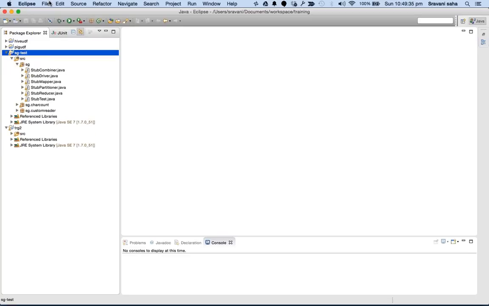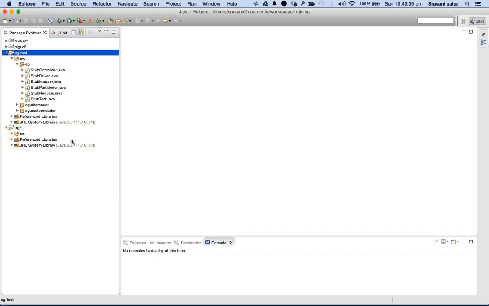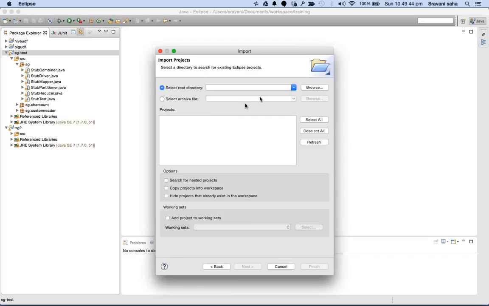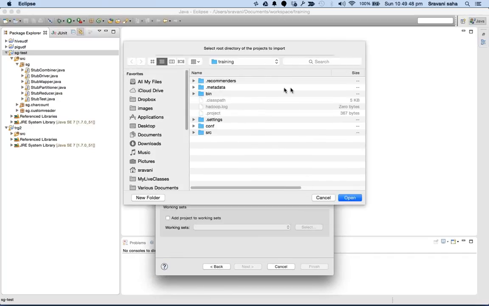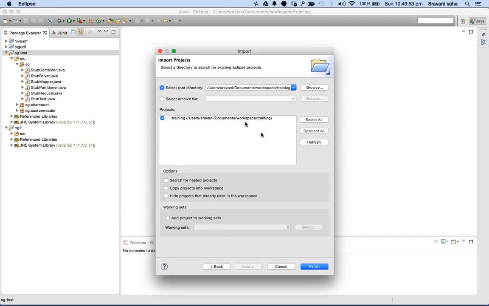You can create your own project using New, or you can simply import the existing project. After you have downloaded the project I've uploaded, you can import it. It will give you this kind of a thing. Okay, good. All right, and then you can start working on this.